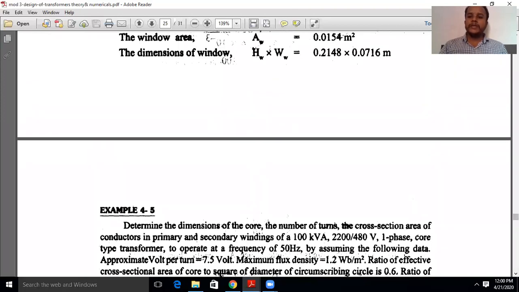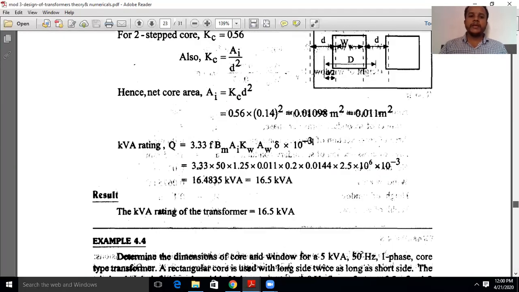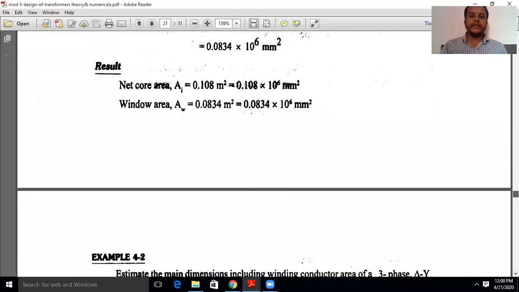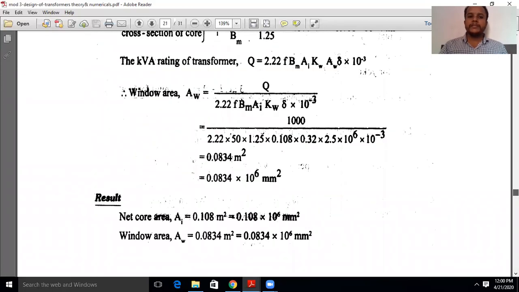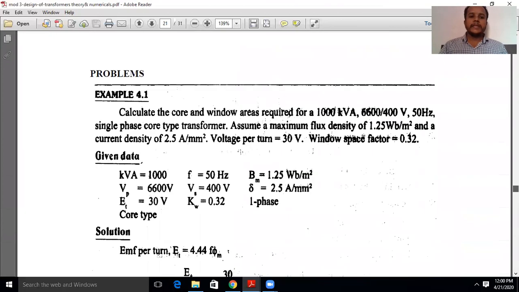So now, if I take this particular example: calculate the core and window areas required for a 1000 kVA, 6600 volt / 400 volt, 50 hertz single phase core type transformer.